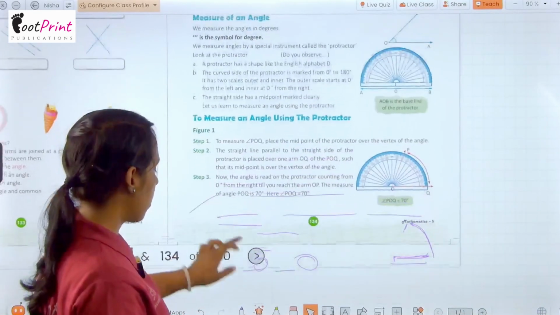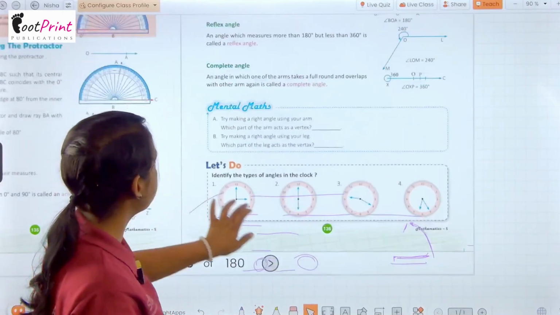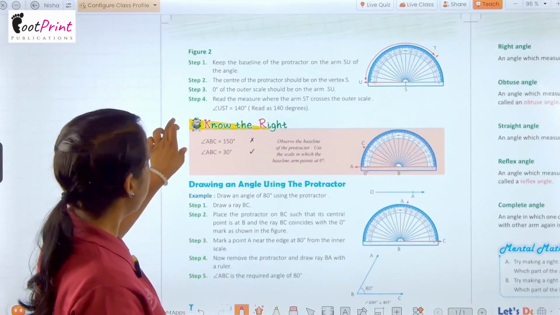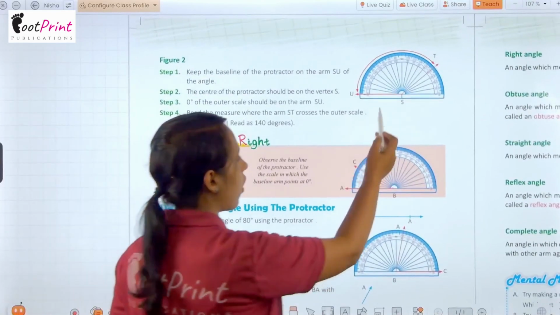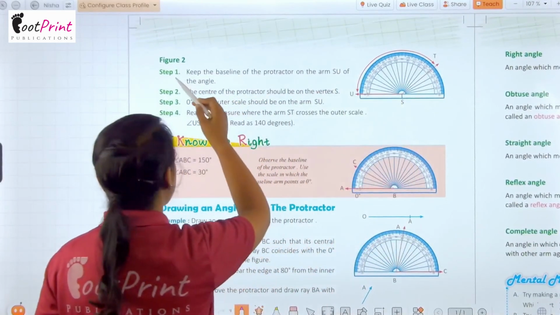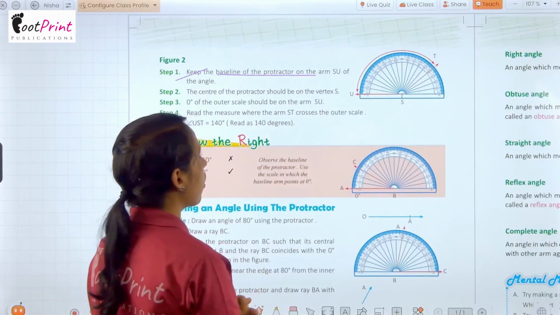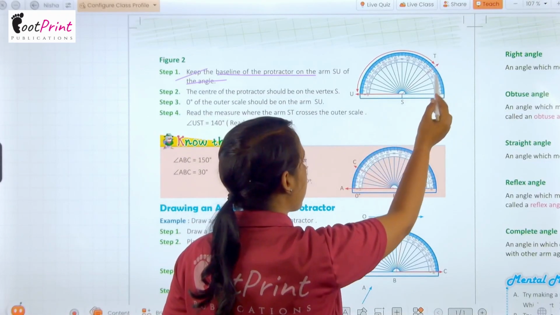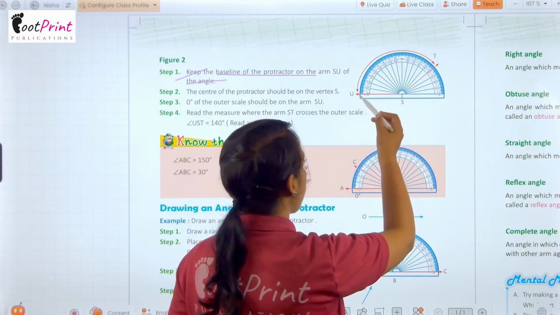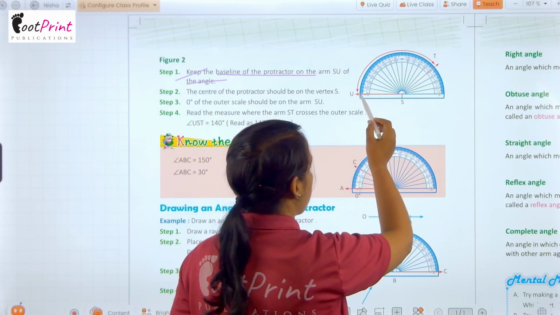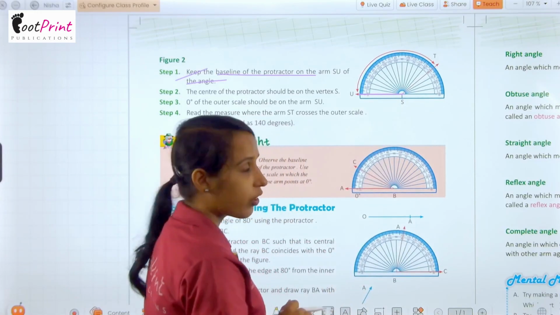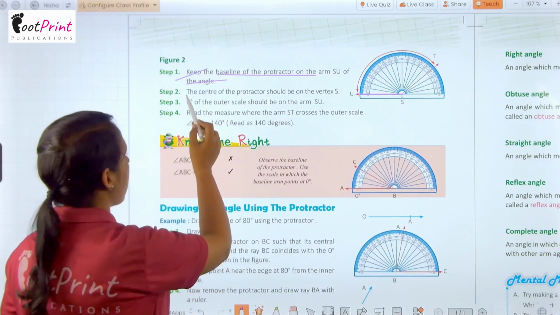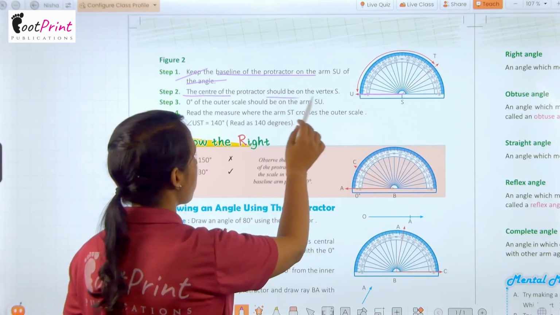Okay. Now the next one is figure 2. Here we also have an angle, and keep the baseline of the protractor on the arm SU of the angle. So here we have angle TSU and we put the baseline of the protractor on the arm US, or SU you can say. The center of the protractor should be on the vertex.